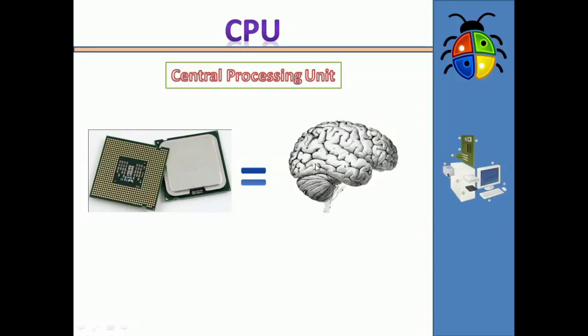Now, to be clear, a processor can actually only do a set of very simple instructions. It could be add, it could be compare, simple things like this, and it can only do one single instruction at a time. It can do a lot of those instructions in a very short space of time, but it's doing one short instruction after the other.